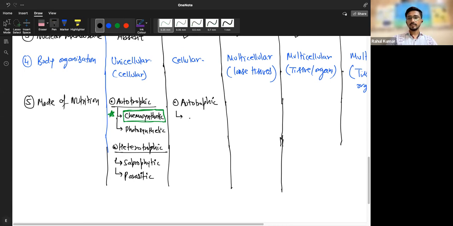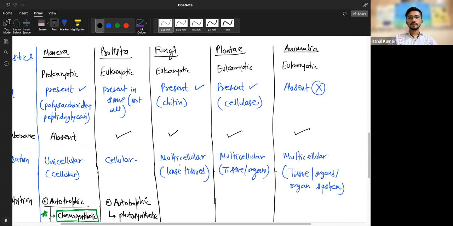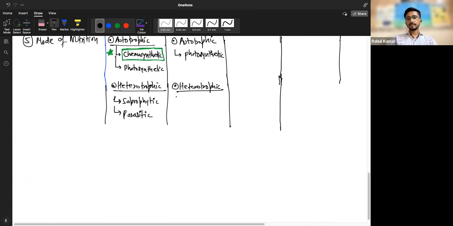Any other autotrophic is photosynthetic. And they can also be heterotrophic. And if they are heterotrophic, they feed like holozoic, for example, catching the prey or feeding on prey.